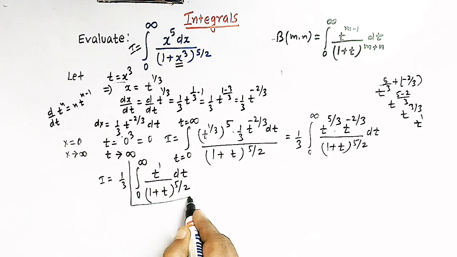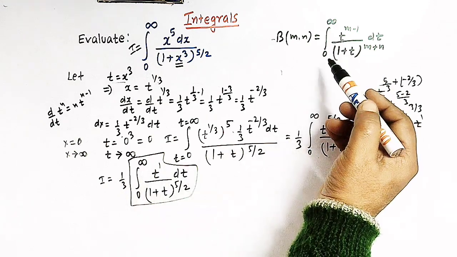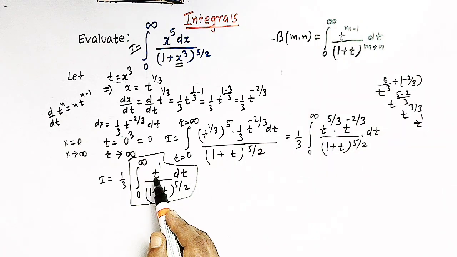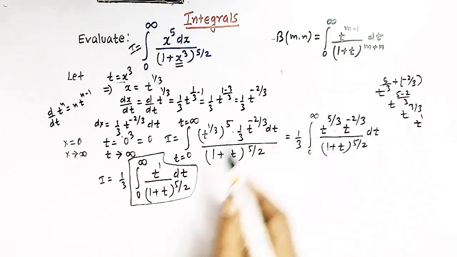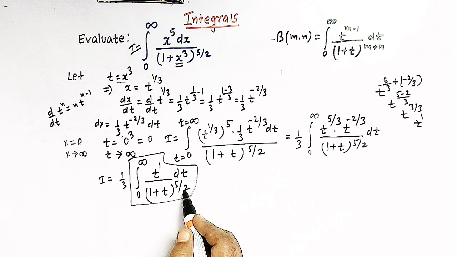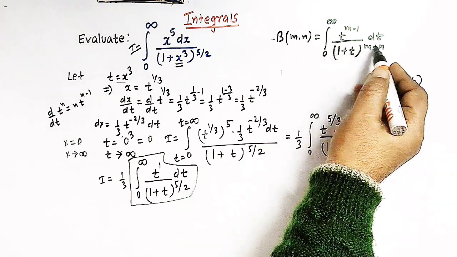So now let us compare this integral with this one. Here we have 0 to infinity, here we have 0 to infinity, and t raised to 1. Here we have t raised to m minus 1, and here we have (1 plus t) raised to 5 over 2, and here we have (1 plus t) raised to m plus n.